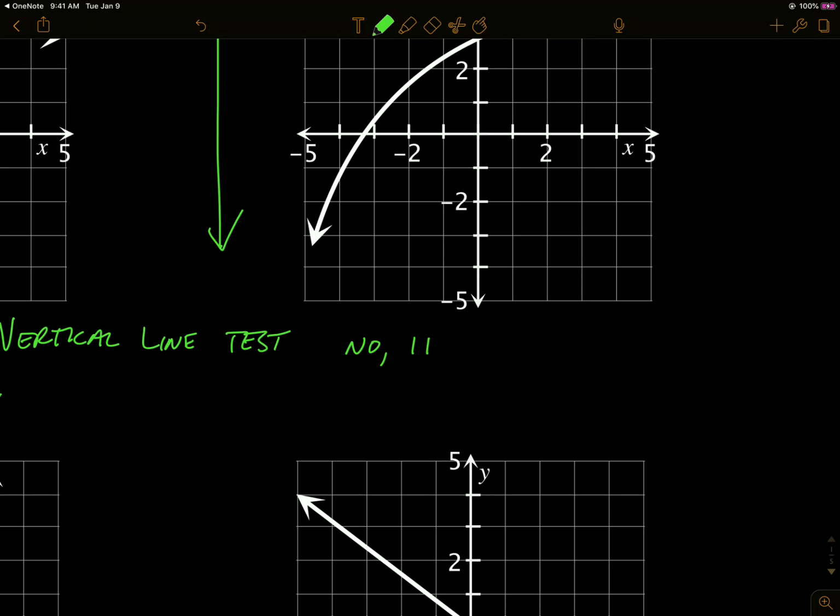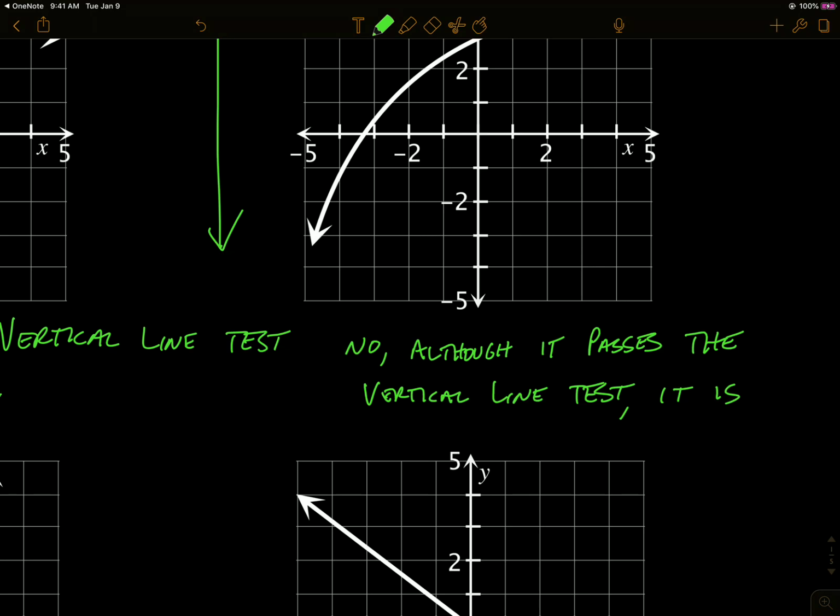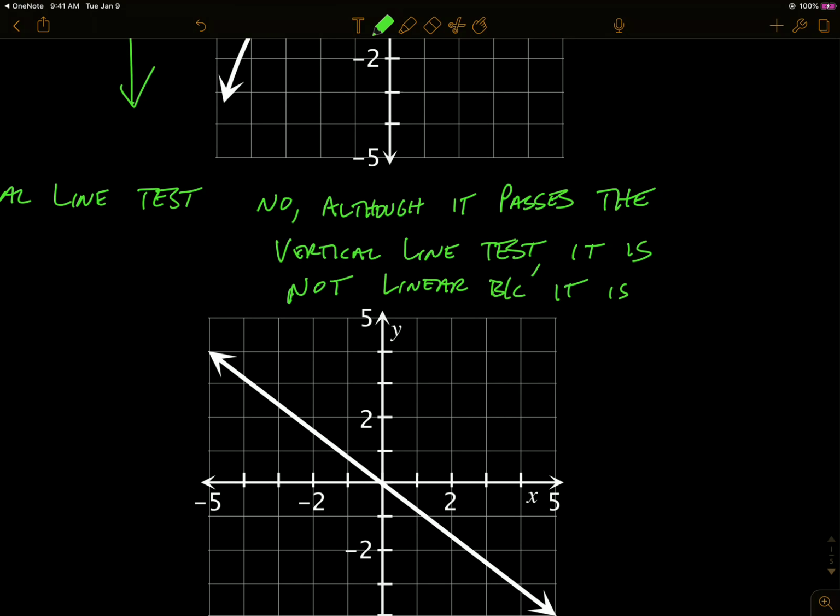It will say no, because they're asking is it a linear function, and although it passes the vertical line test, it is not linear because it is not a straight line.